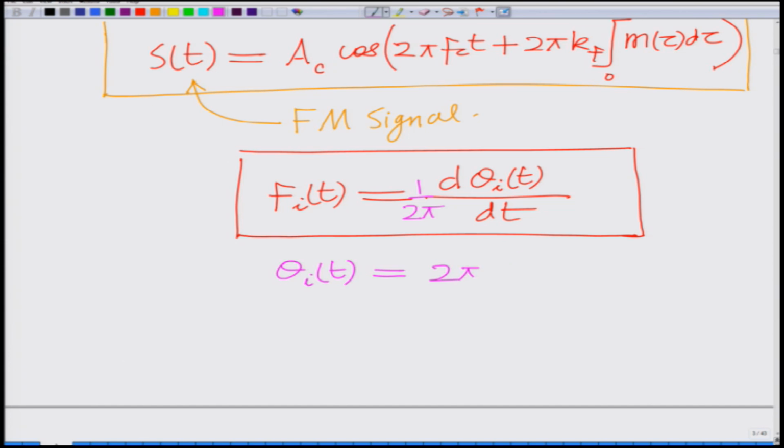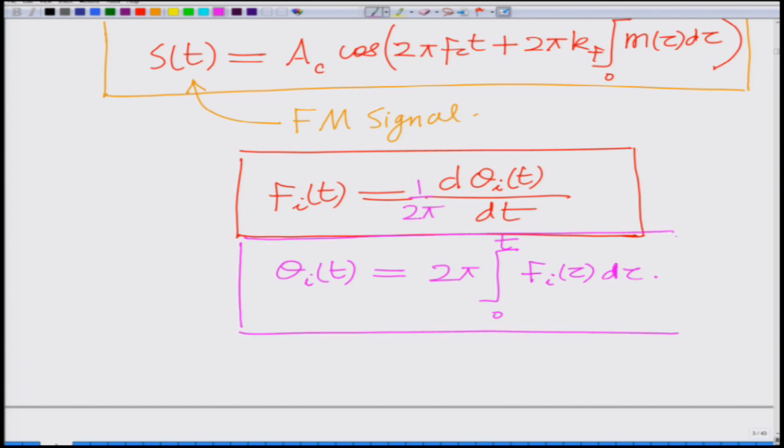Therefore it follows that theta_i(t) is basically the integral 0 to t of f_i(tau) d tau, that is the expression for the instantaneous phase.